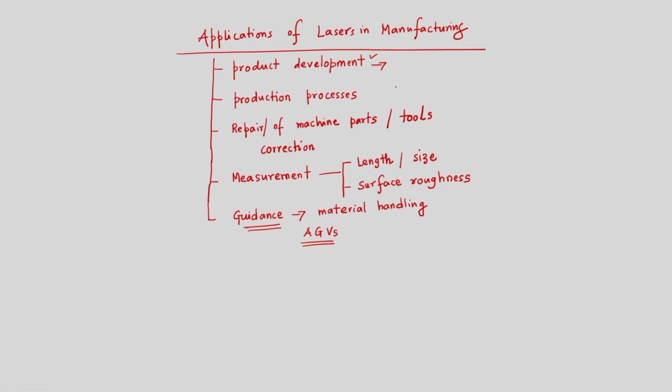Now, if you look at the production processes, there are various other applications of the lasers, and these are marking operation. So, if you just look at the various products which are there with you, particularly the biomedical products, it is very essential to have the unique identity code on the products, and these parts are in working condition.